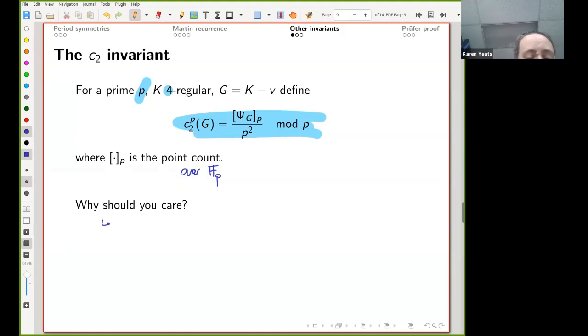So the reason why you should care is that early computations of the period were all multiple zeta values. They could all be expressed as linear combinations of multiple zeta values. Now it's no longer the case, right? Now we have other periods that we know are other things.